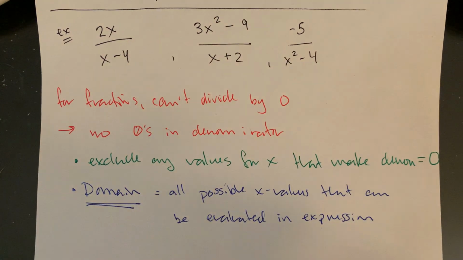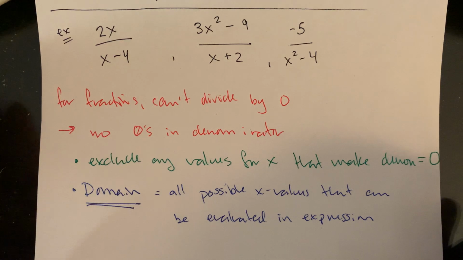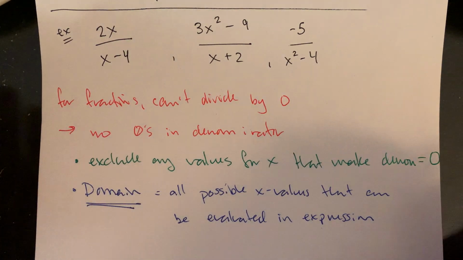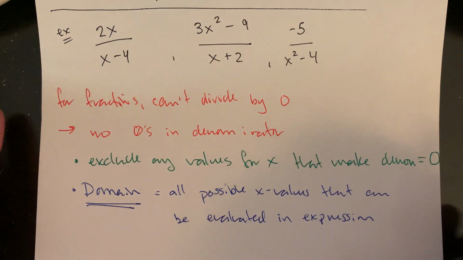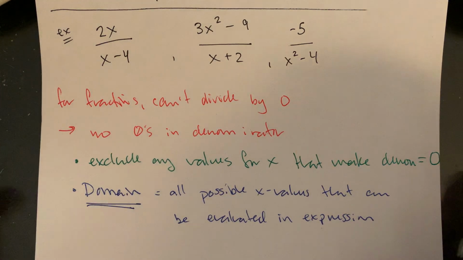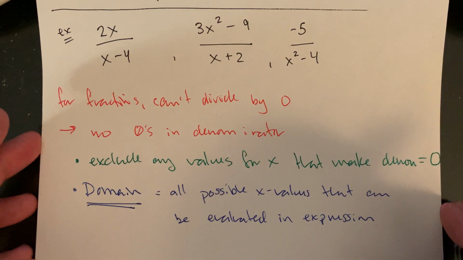This idea of a domain will sort of come back over and over again. So I just want to sort of have this here on the table. It also is the language the book uses in the homework. What we're doing is we're excluding values from the domain. So meaning we're excluding x values, finding x values that would give us a 0 in the denominator and therefore just sort of break our expression.